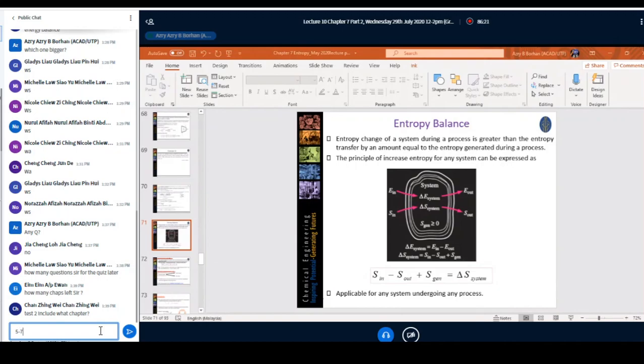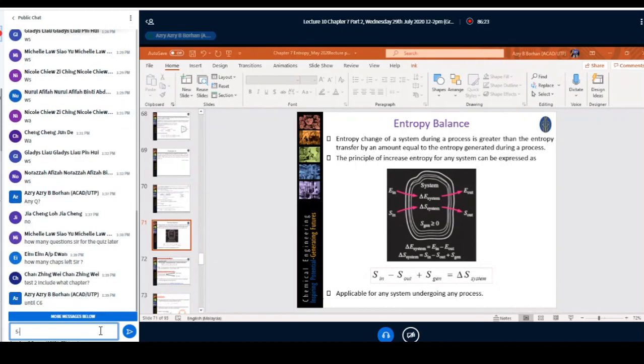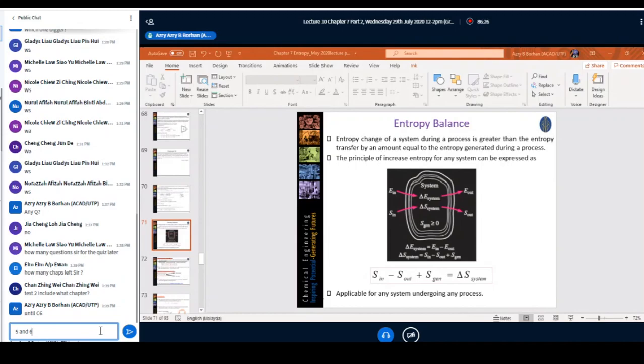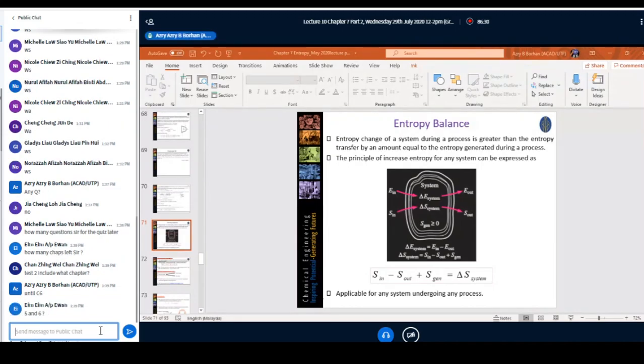Until chapter 6, second law of thermodynamics. Quiz as usual, 10 MCQ only, until chapter 6. Of course, chapters 5 and 6 include part of that.